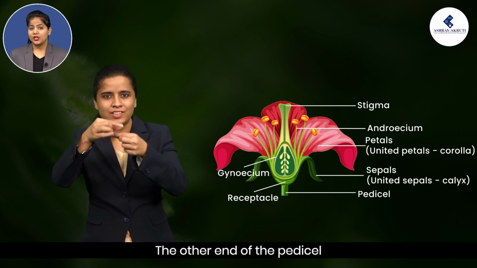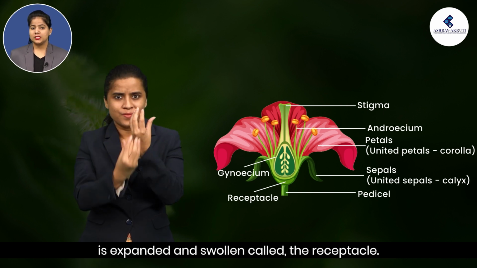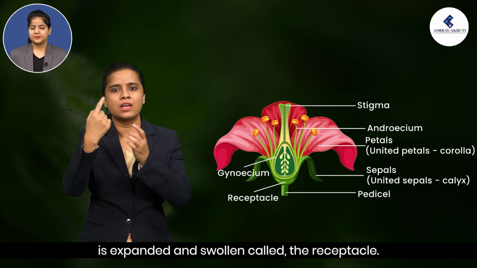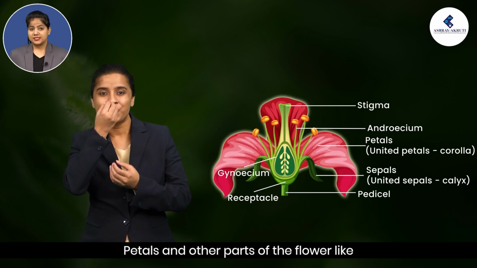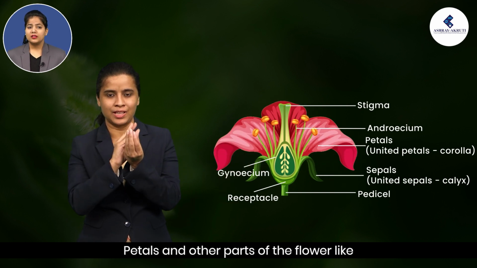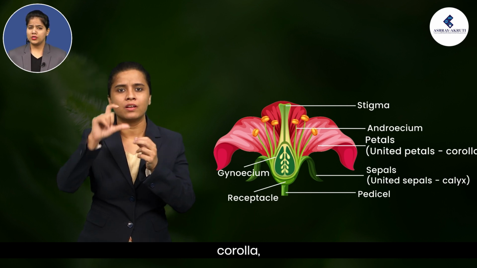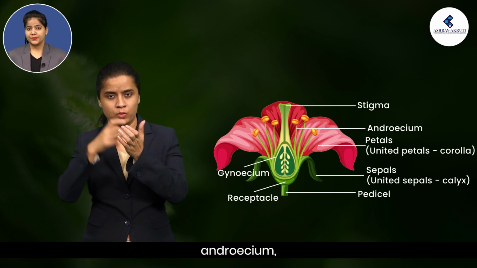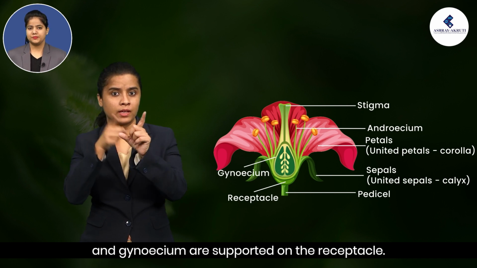The other end of the pedicel is expanded and swollen, called the receptacle. Petals and other parts of the flower like calyx, corolla, androecium and gynoecium are supported on the receptacle.